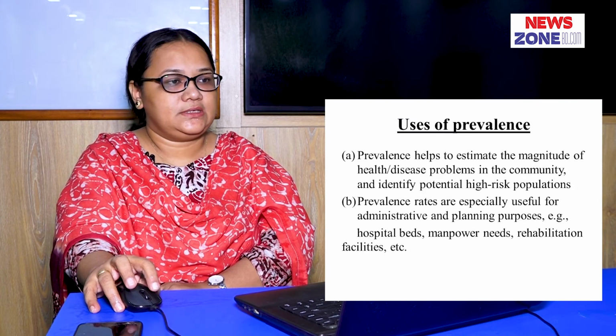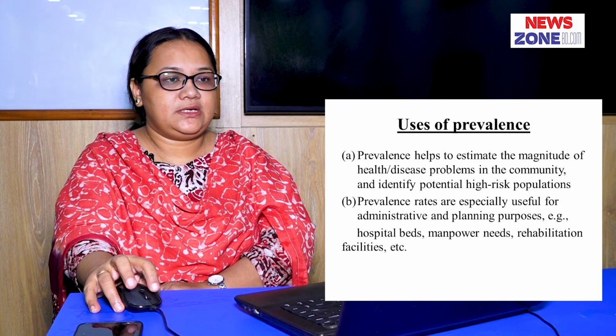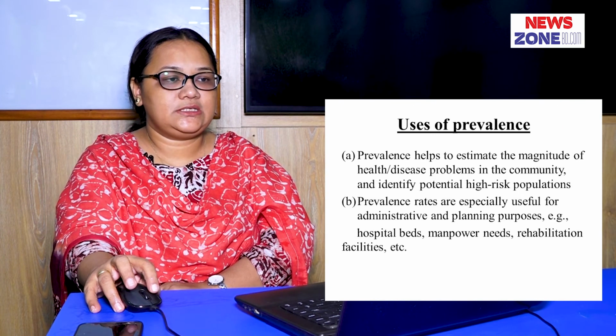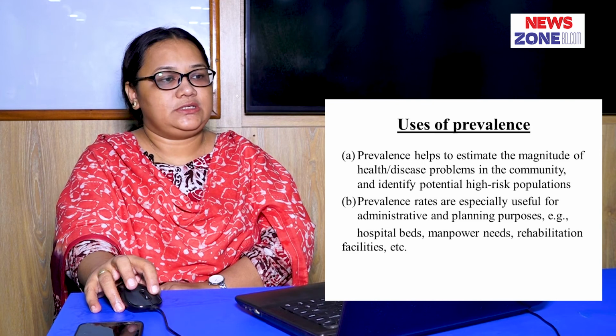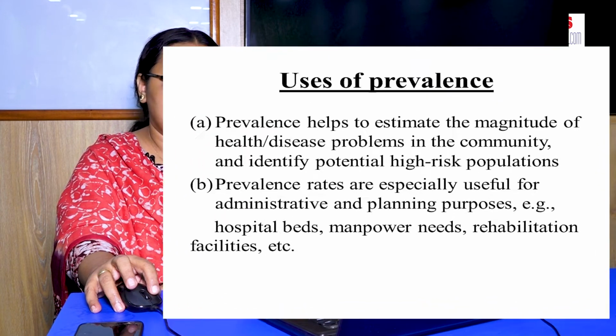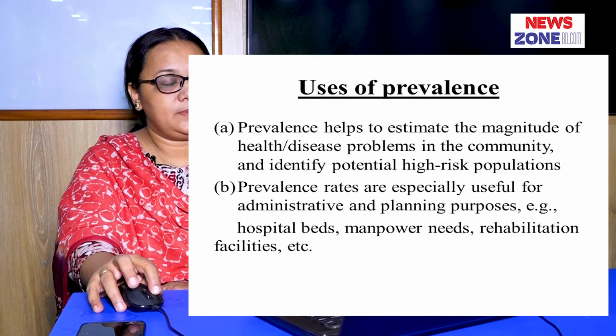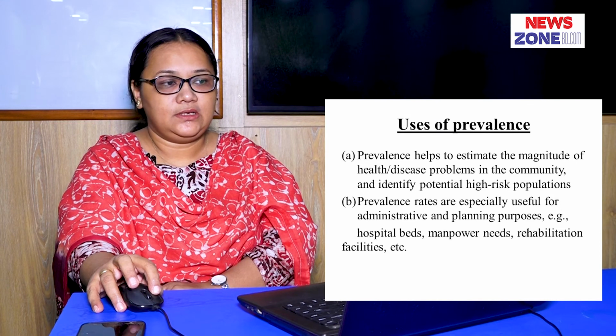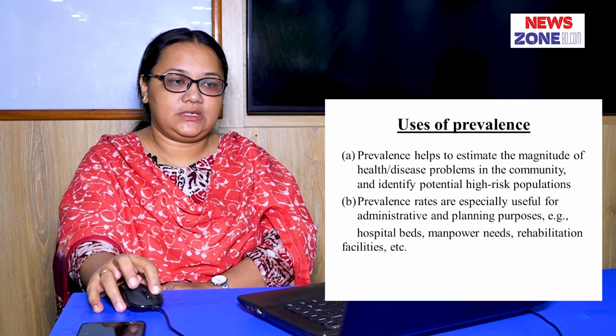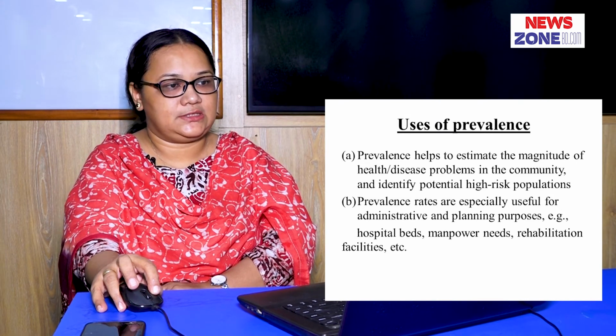Uses of prevalence. Prevalence helps to estimate the magnitude of health and disease problems in the community and identify potential high-risk populations. Prevalence rates are especially useful for administrative and planning purposes, for example hospital beds, manpower needs, rehabilitation facilities, etc.